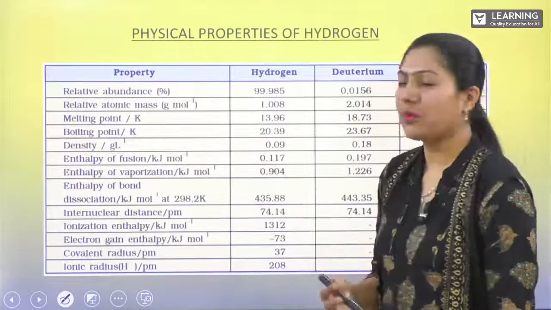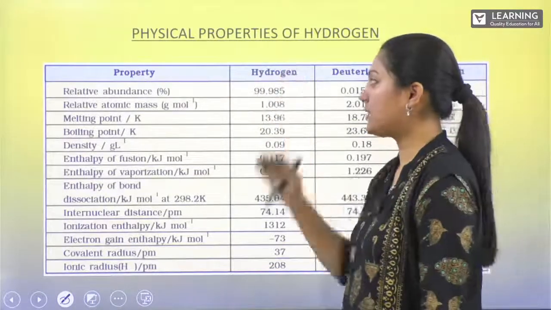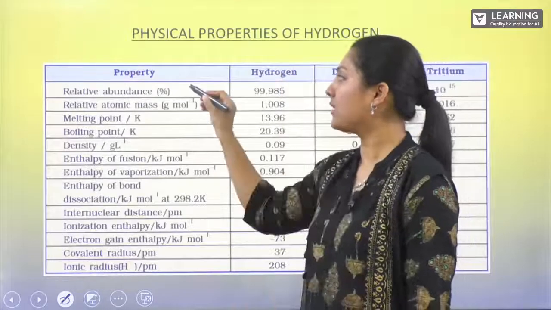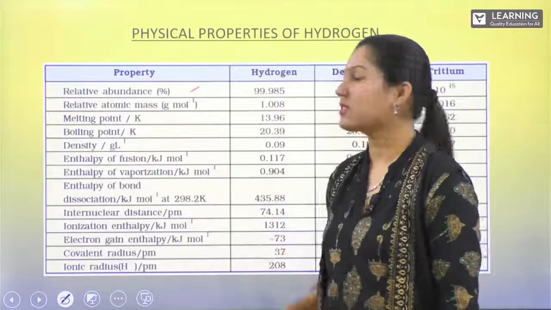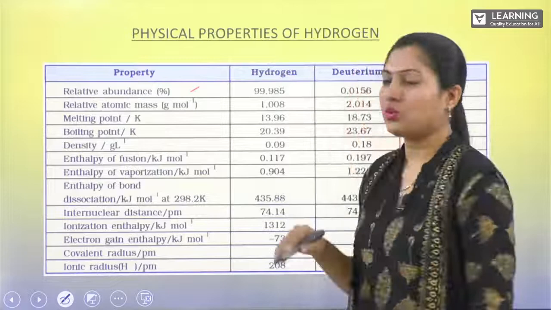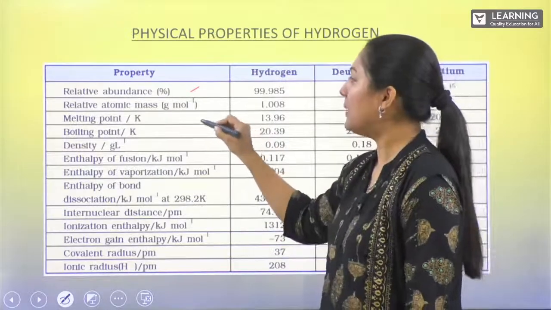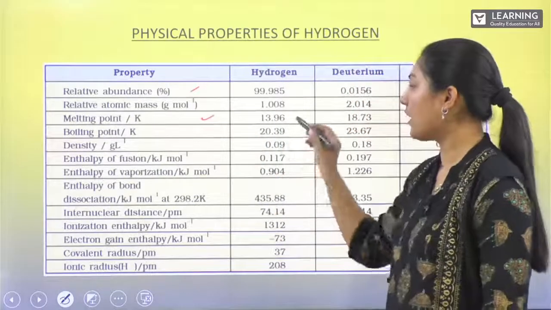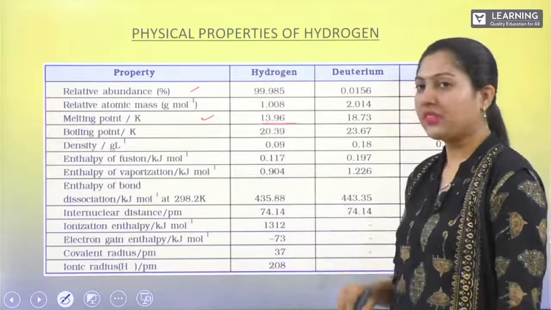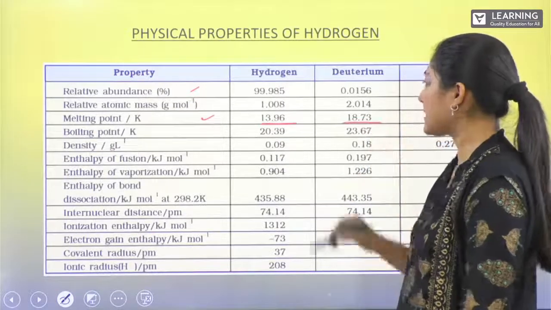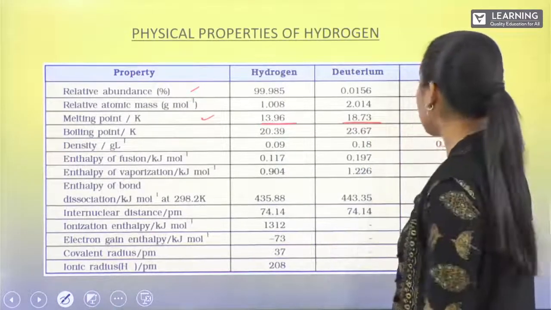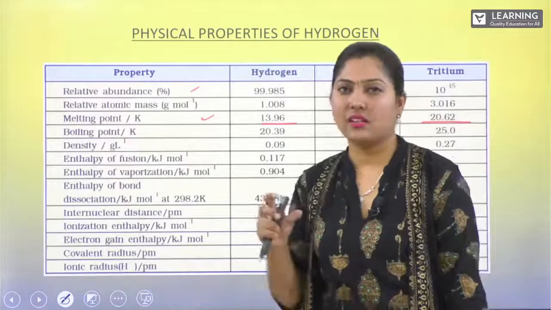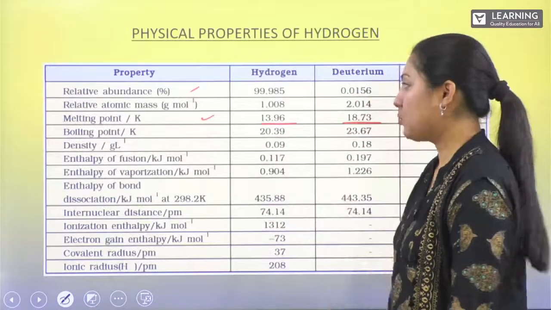These are some other physical properties of hydrogen, where you can see the relative abundance. We just discussed all the three isotopes. We have the melting point. If you see the melting point of hydrogen, it is 13.96, for deuterium it is 18.76, for tritium it is 20.62. As the mass increases, melting point also increases.